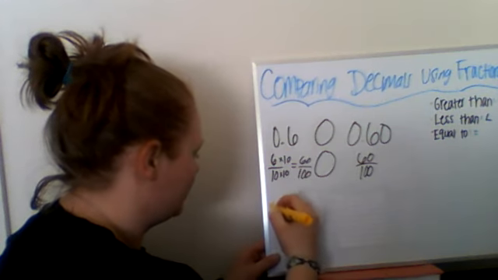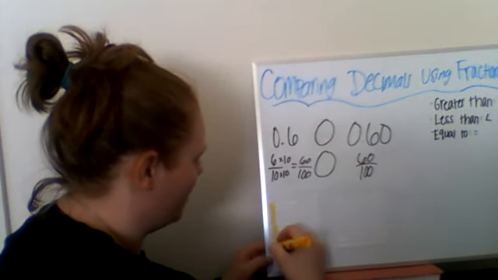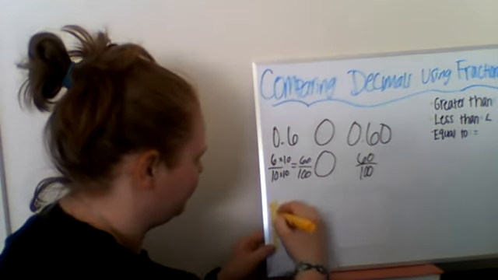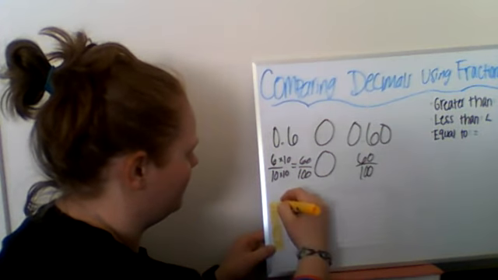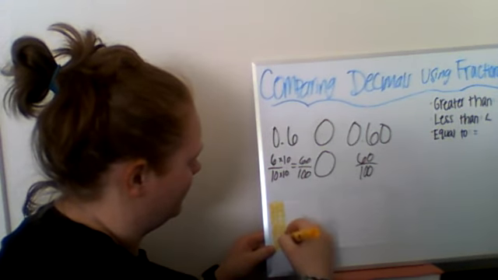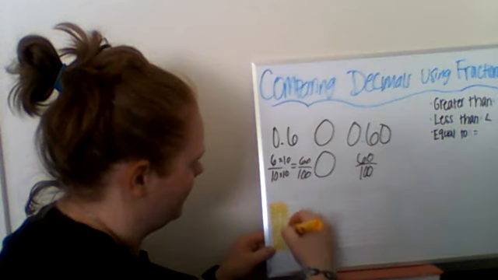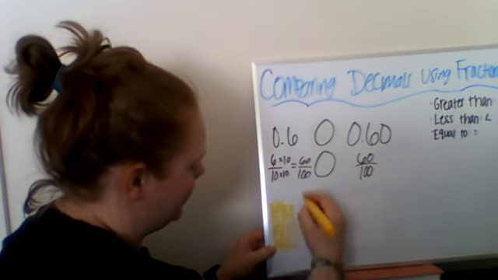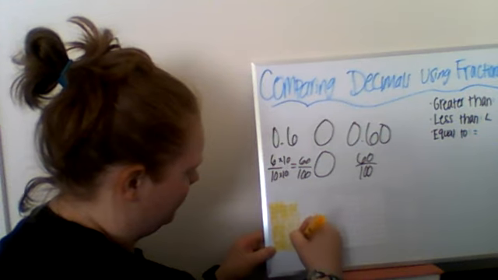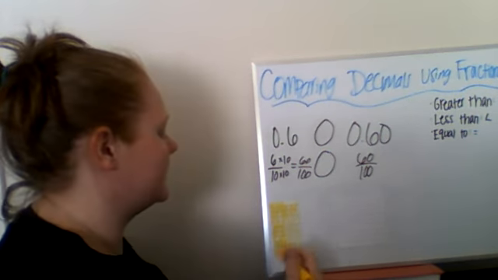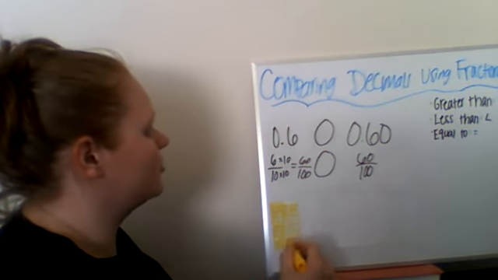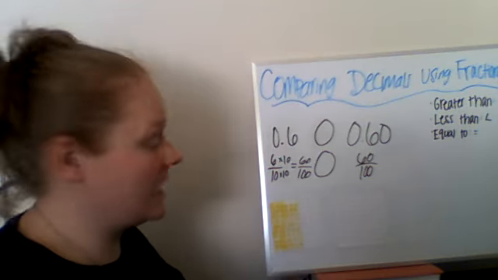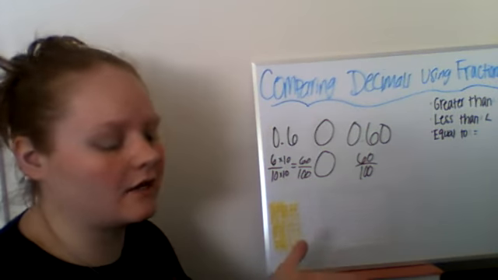So ready? 1, 2, 3, 4, 5, 6. All I did was I shaded in 6 groups of the 100, or 60 pieces out of 100.